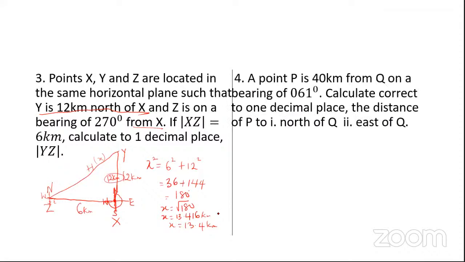The next question says a point P is 40 kilometers from Q on a bearing of 061 degrees.